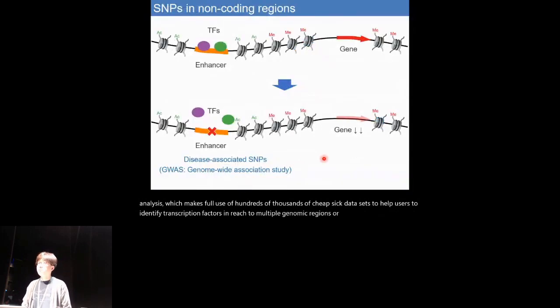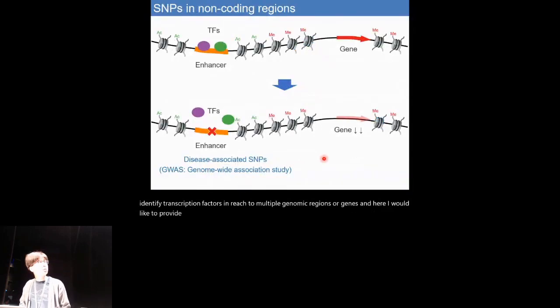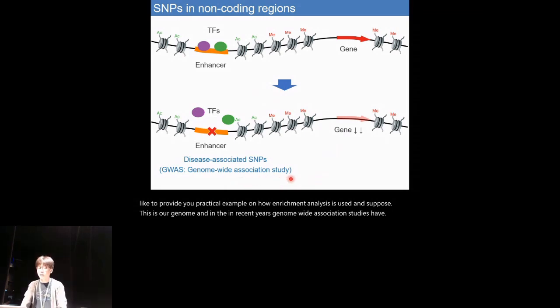And here I would like to provide you a practical example on how enrichment analysis is used. Suppose this is our genome. In recent years, genome-wide association studies have identified a huge number of SNPs associated with thousands of diseases and phenotypes.